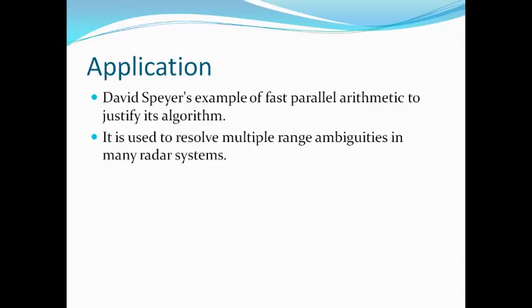Multiple range ambiguity resolution is a technique used with medium pulse repetition frequency, that is PRF, radar to obtain range information from distances that exceed the distance between transmit pulses. The reflected signal is folded so that the apparent range is a modulo function of the true range.